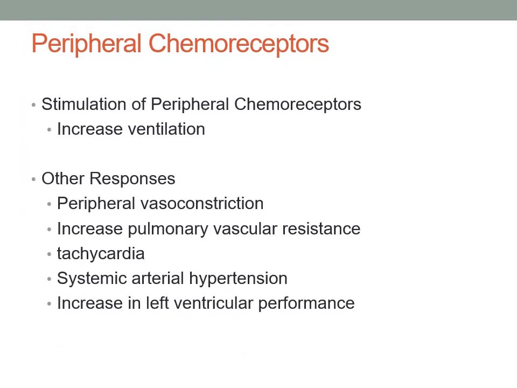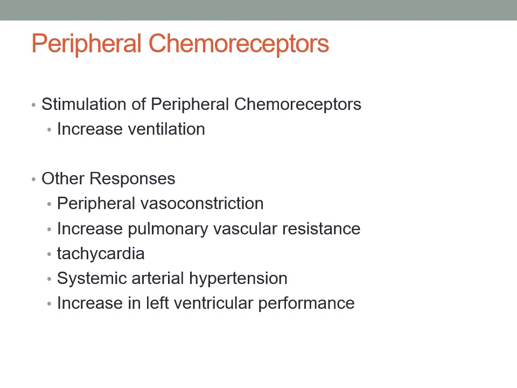So what do the peripheral chemoreceptors do? Well, they increase ventilation by the stimulation of a PO2 level of less than 60 torr. And ventilation is suppressed in the case of a PO2 level of 30 torr.